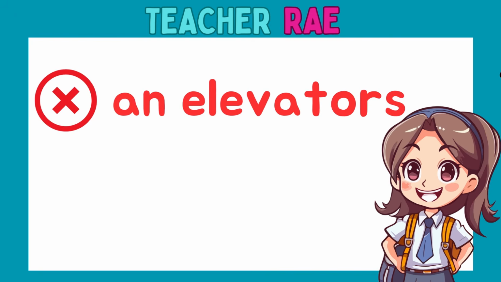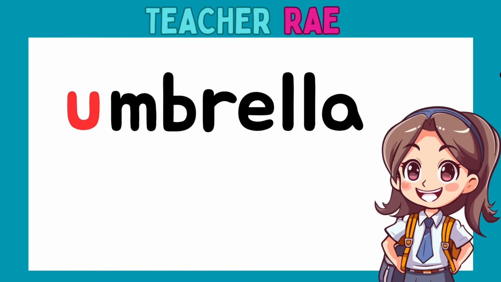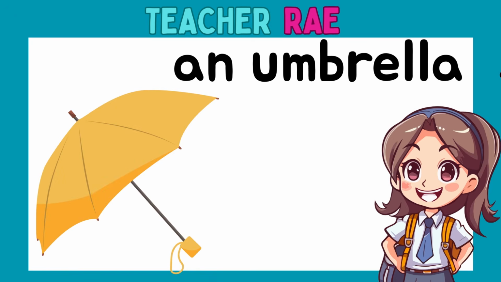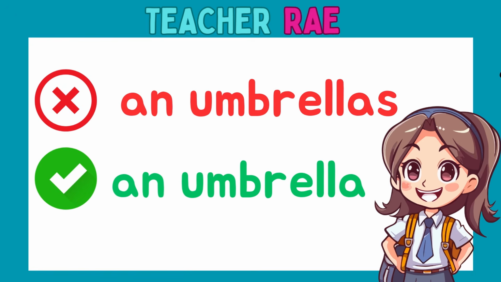We don't say an elevators, we say an elevator. The word umbrella begins with a vowel U, so we say an umbrella. We don't say an umbrellas, we say an umbrella.